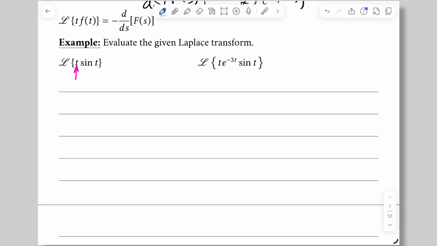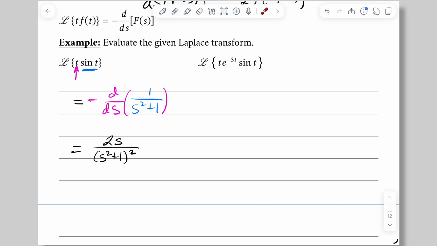The function that I'm actually transforming is the sine of t. So this thing is going to equal the negative derivative with respect to s of the transform of sine of t, which is 1 over s squared plus 1. This derivative uses the power rule and the chain rule and evaluates to 2s over the quantity of s squared plus 1 squared.